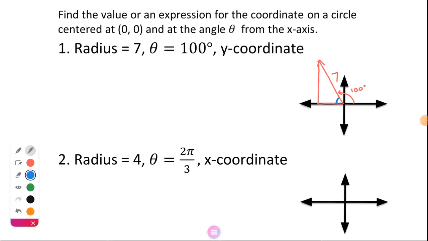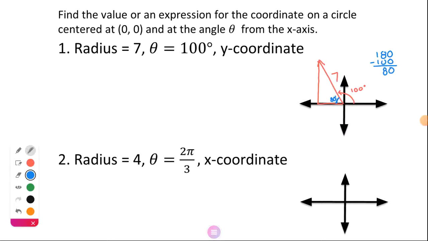So going back to reference angles, if we know we're at 100 degrees, to make a complete line, the angle that's missing would be 180 minus the 100 that we were given, which gives us 80 degrees. That's going to go here.